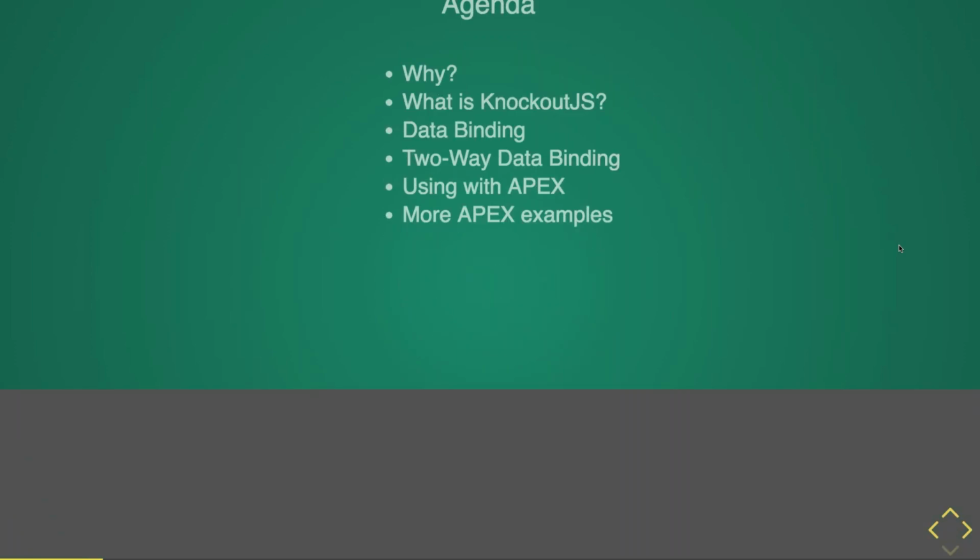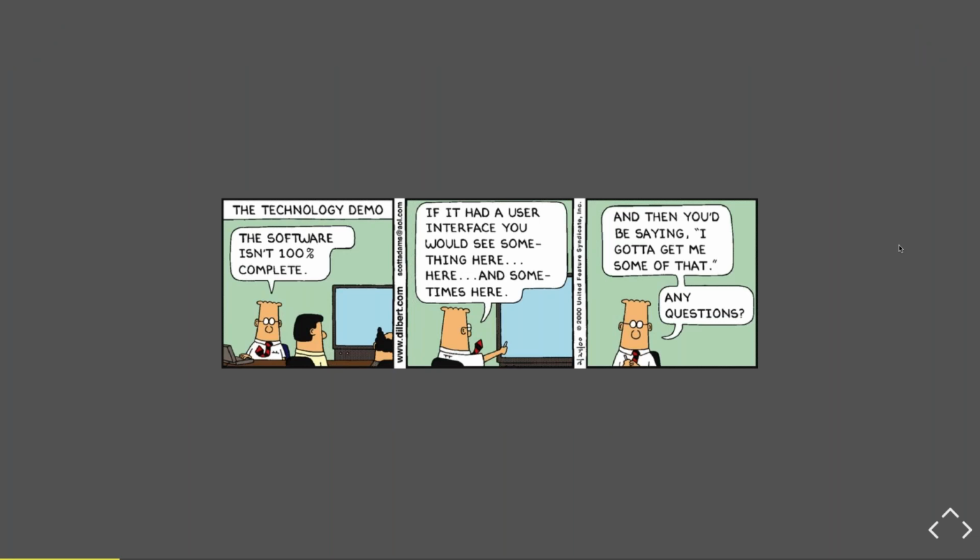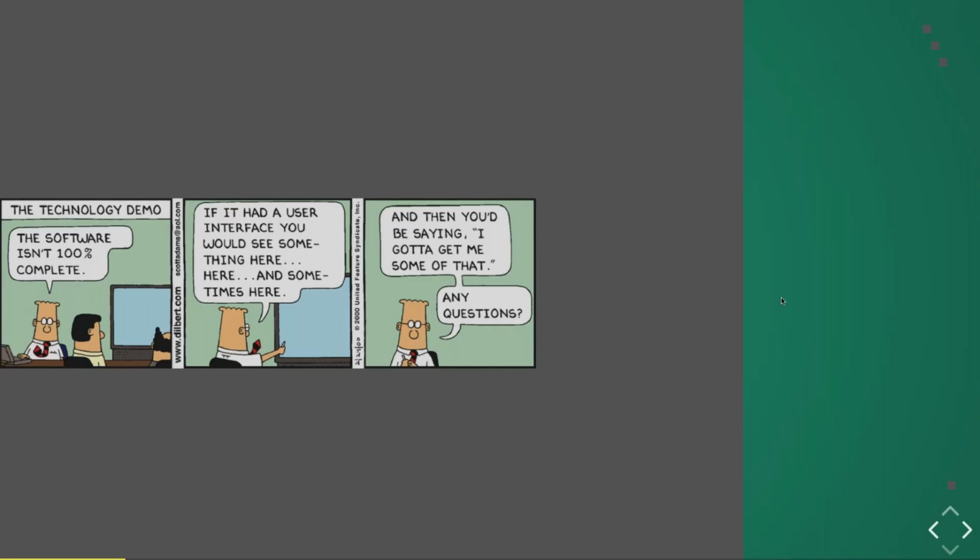And then we'll cover some more examples. There's going to be a lot of code here, a lot of demos. The code is not that complicated, but I'll be showing you something, and if you could imagine how it looks, then you'll be saying at the end, I gotta get me some of that. And then there'll be some questions. So pretty much that's how technology demos go nowadays.